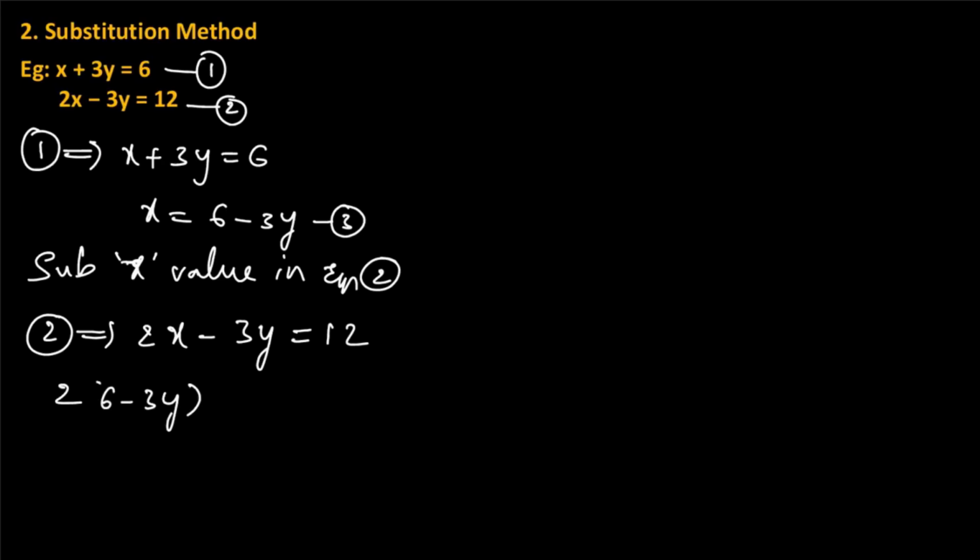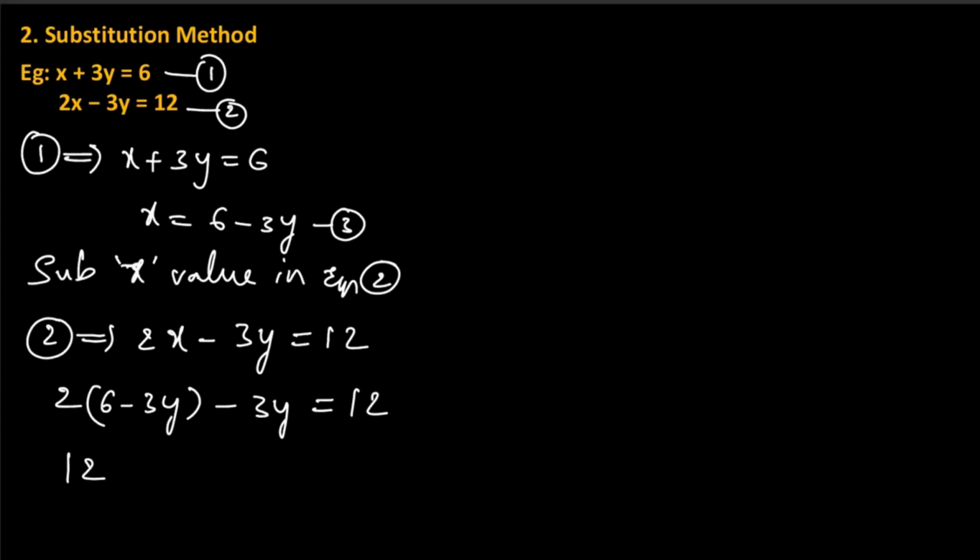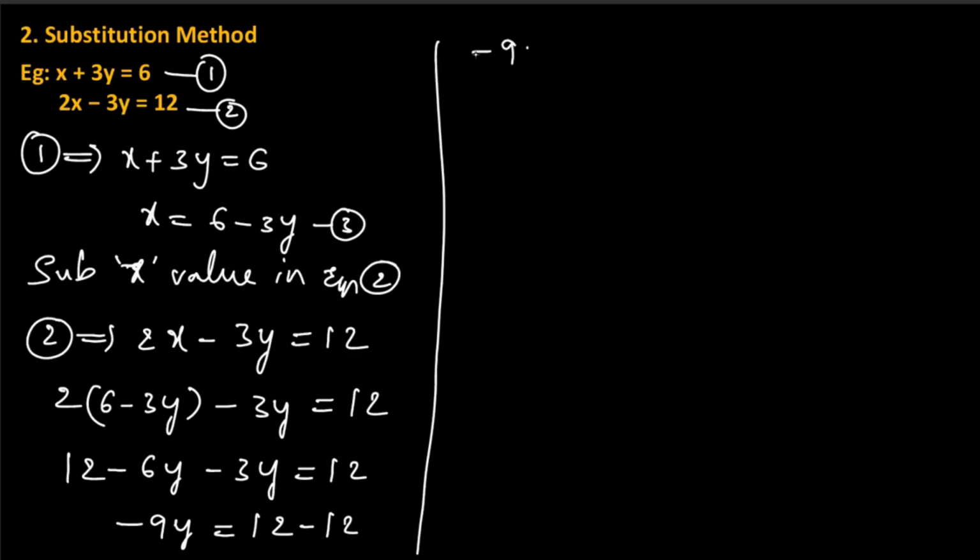In the place of x, you just put the x value. Minus 3y is equal to 12. Multiply with the 2. 12 minus 6y minus 3y is equal to 12. Minus 9y is equal to 12 minus 12. Minus 9y is equal to 0. Y is also equal to 0. So 0 by anything will be 0.